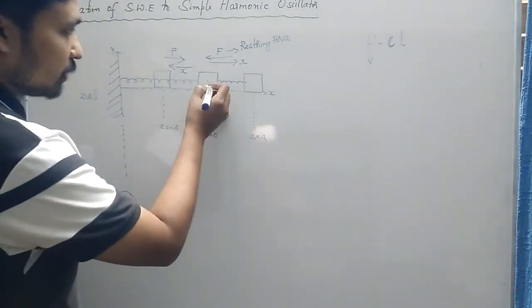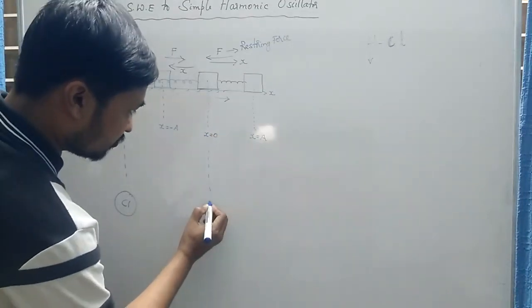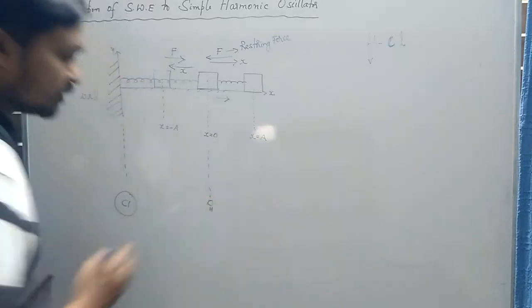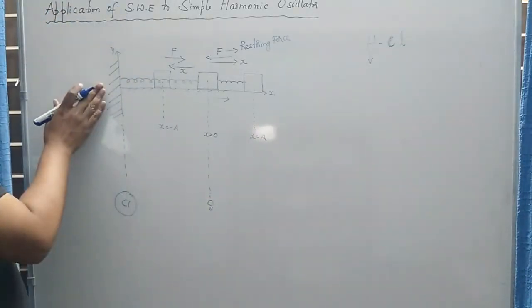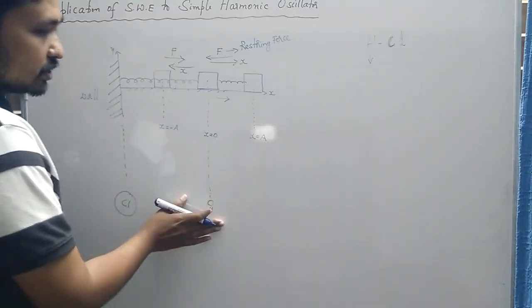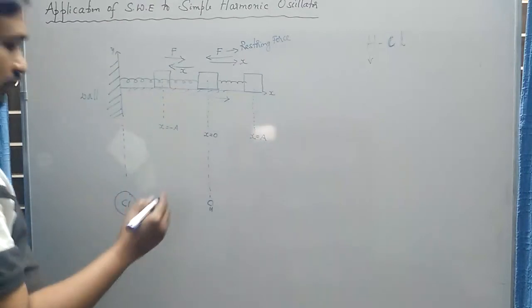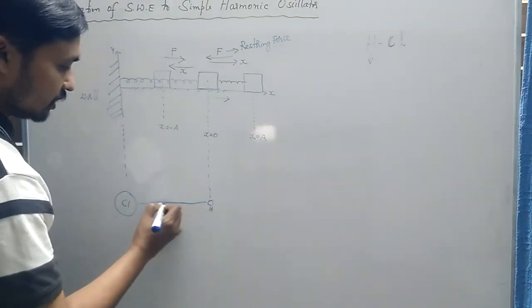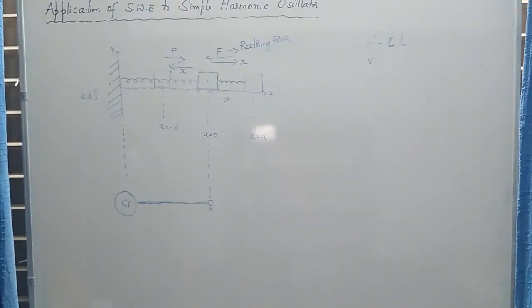And the particle here is replaced by a small hydrogen atom. The chlorine analogy is the wall, the hydrogen analogy is this particle, and the spring is nothing but a bond, a covalent chemical bond between hydrogen and chlorine.